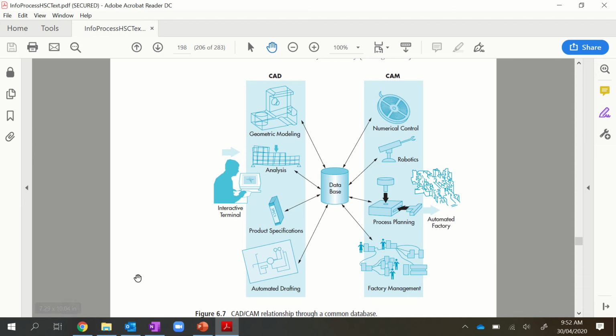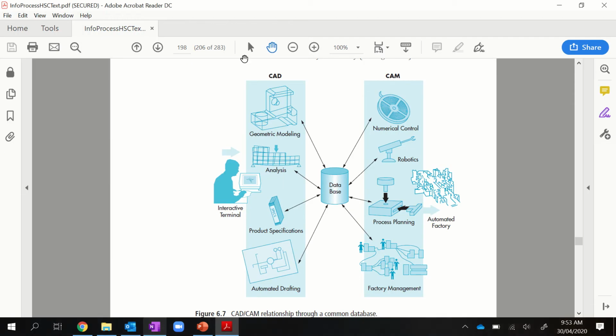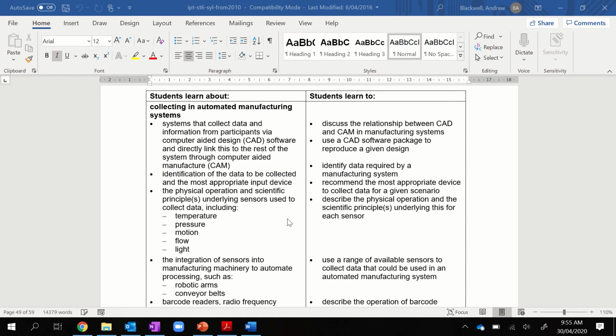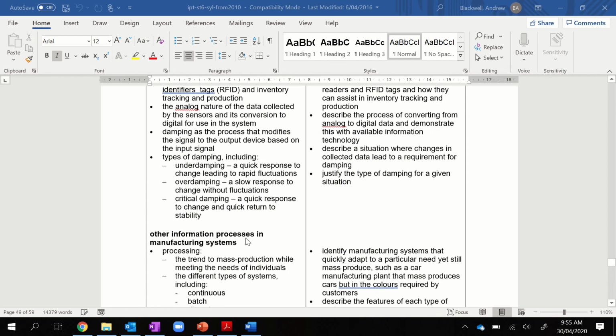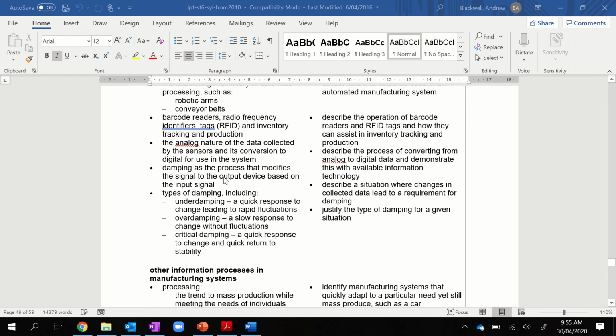Now, it's interesting to say that in regards to the syllabus, I might actually just pause this and get the syllabus loaded on my screen. So, sorry, just pause that so that I could get the syllabus loaded on my screen. When we're talking about collecting, the syllabus talks about the dot points where we're learning about these things, but then it comes down to this part here, which says that you need to understand the processes.